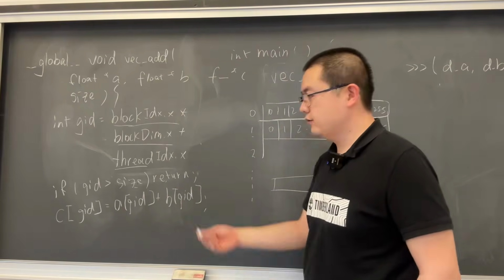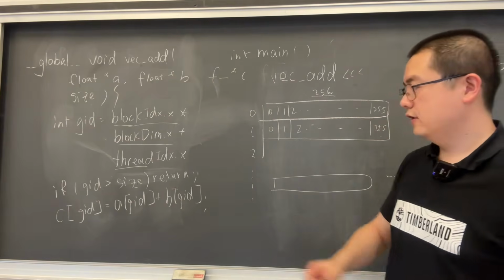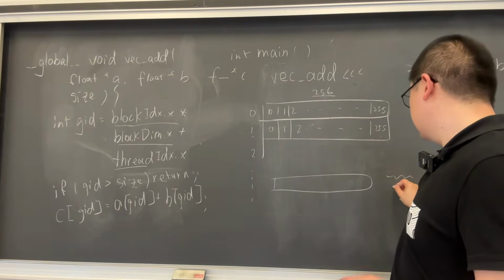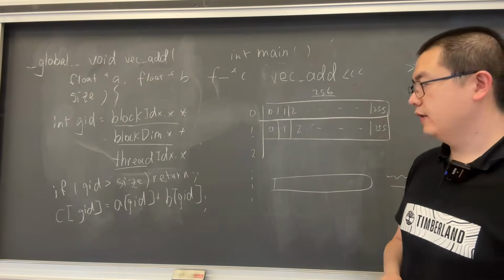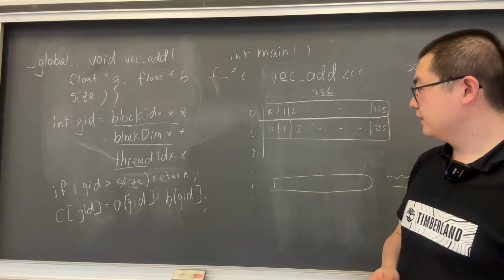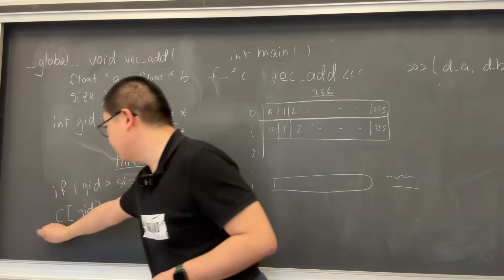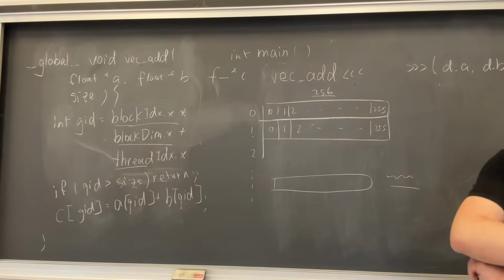Otherwise, we do the calculation. It's just a safeguard to prevent us from accessing past the boundary of the vector. That's the very simple kernel that we can write.